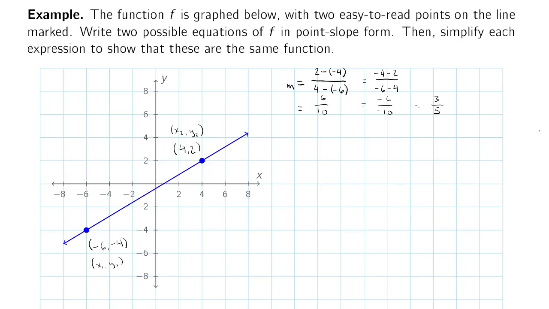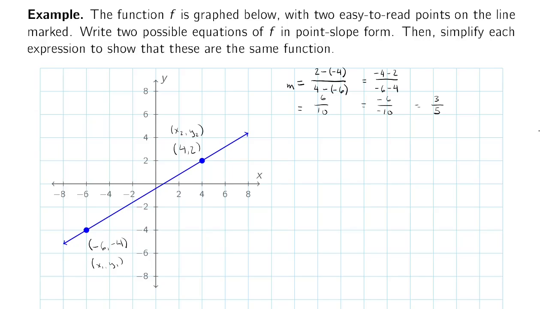And it doesn't matter which order I put my points in, as long as I go in the same order for my x values and for my y values. I like to go in the order from left to right, so that when I do the subtraction in my denominator, I end up with a positive number in the denominator. But whatever order you use, you'll end up with the same slope. Just make sure you don't switch.